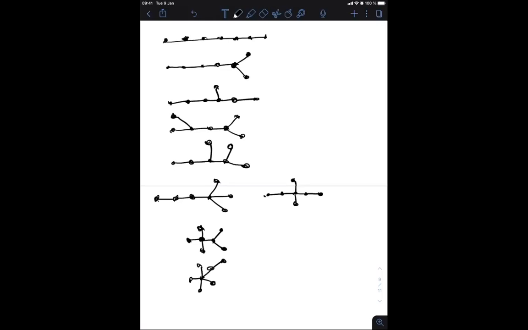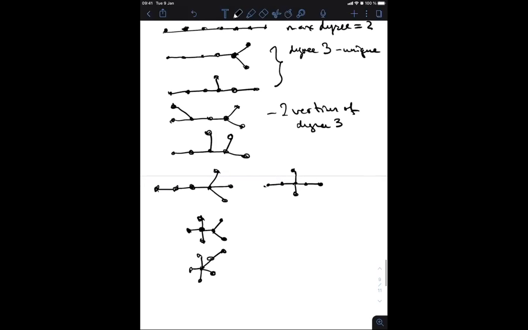I can show. So maximal degree is 2 here, and maximal degree 3 in these two cases. Here we have a unique vertex with degree 3. Here we have two vertices of degree 3, and the rest is smaller. And here also, these two guys.